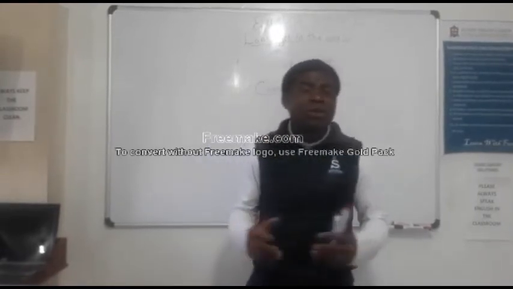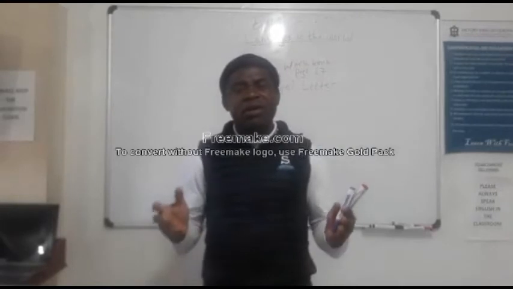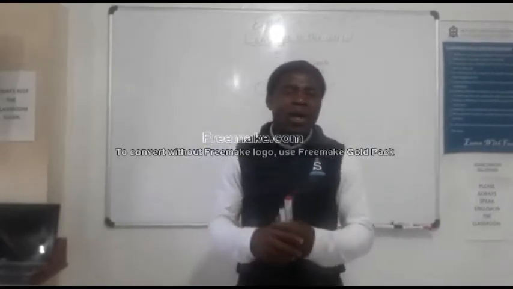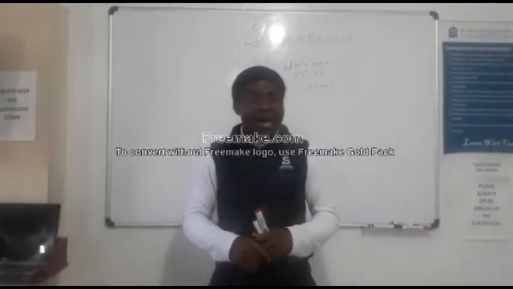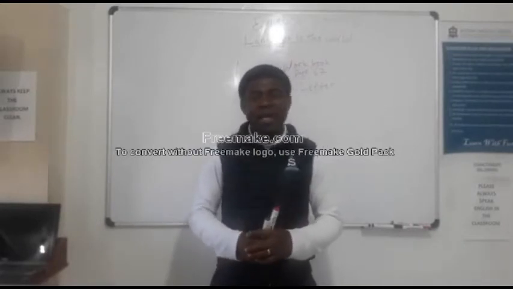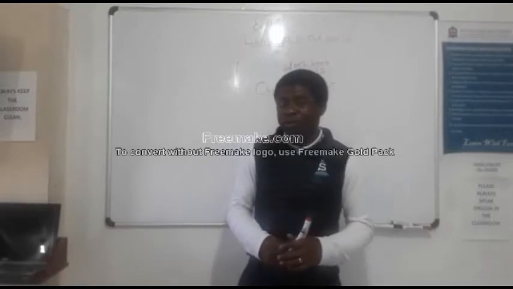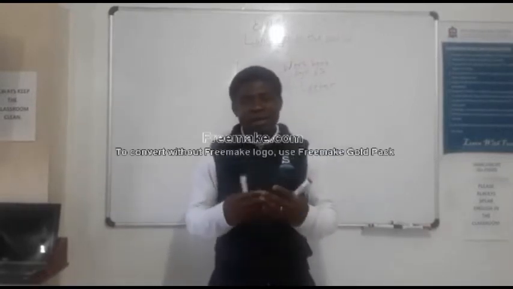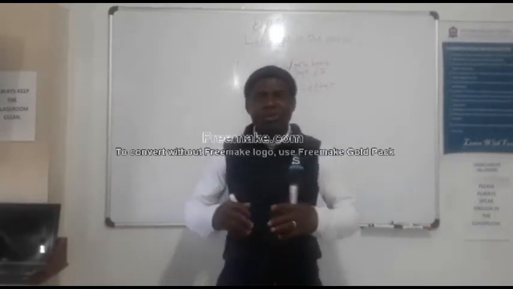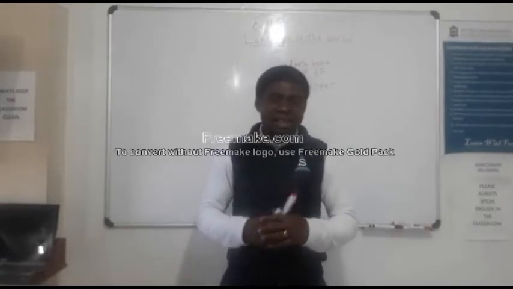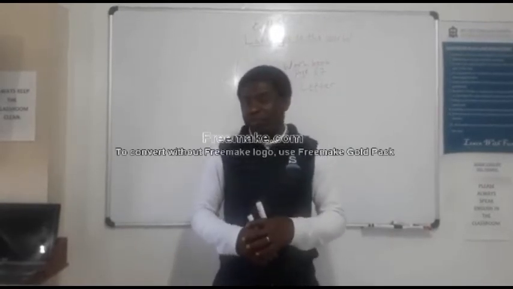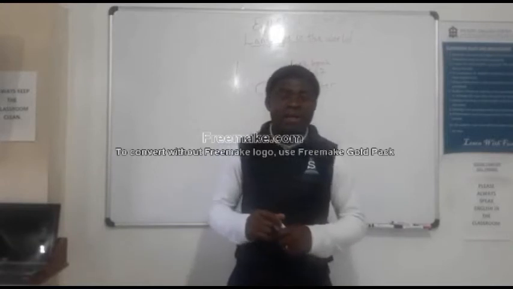Now we have been able to look at the numbers of languages we have around the world. Like I told you in the other video, we have over 7,000 languages around the world with different continents: in Asia, in Europe, in Africa, in America, as well as Australia.